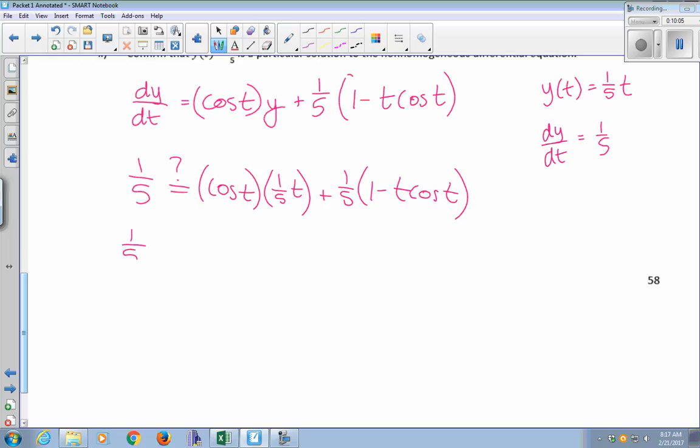Okay, so 1/5. Does that equal? So I have 1/5 t cosine t plus 1/5 minus 1/5 t cosine t. Just distributed that 1/5. I have these two terms that cancel, and I get 1/5 equals 1/5.